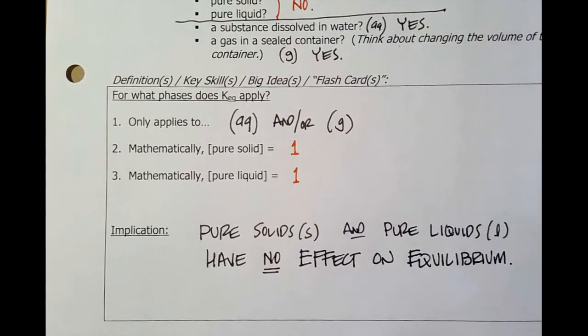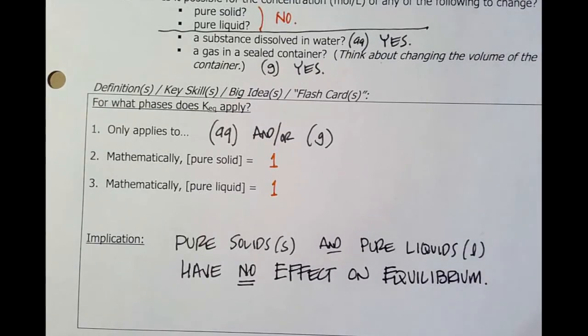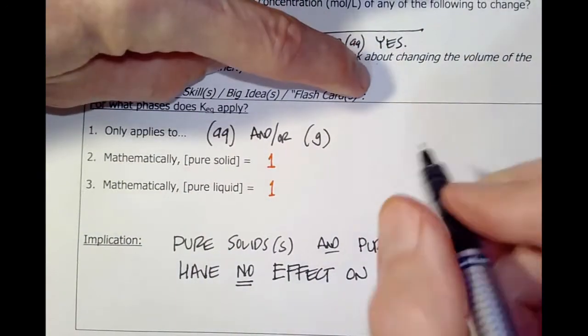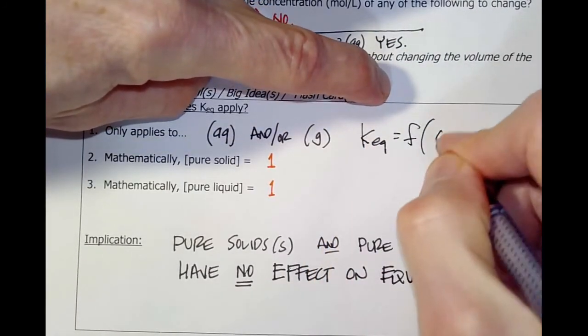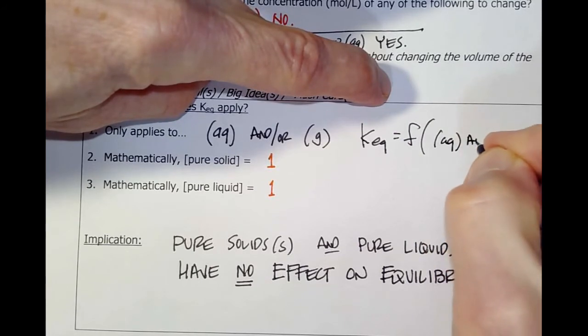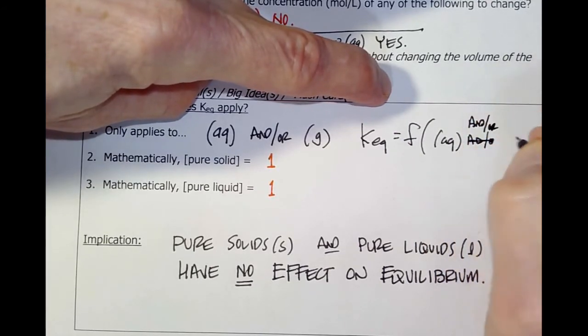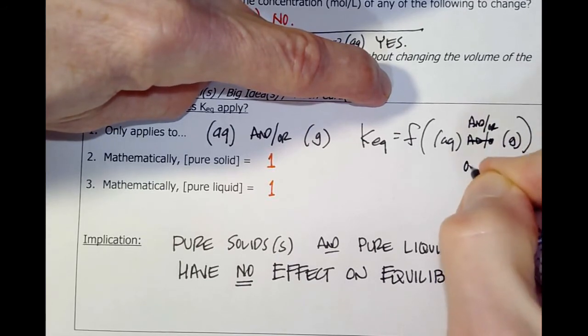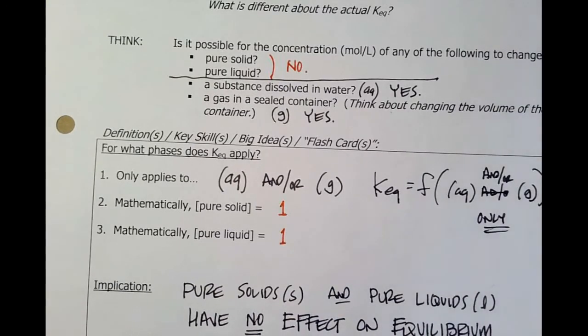And it's a little subtle, but it's because their concentrations can't change. So now that means my KEQ will be a function of aqueous and/or gases only. I'm going to ignore the pure solids and pure liquids by plugging in a 1.